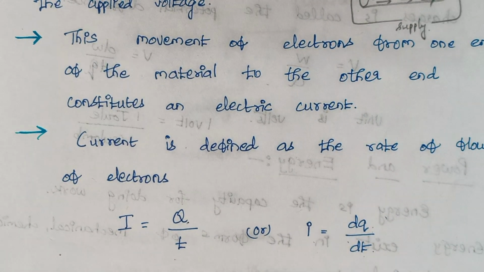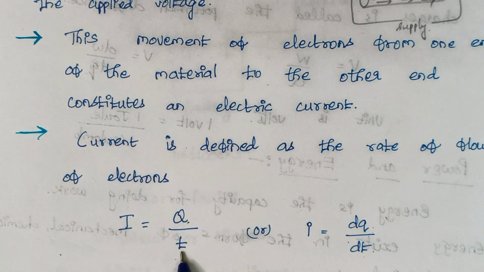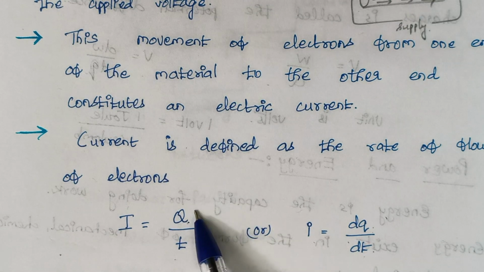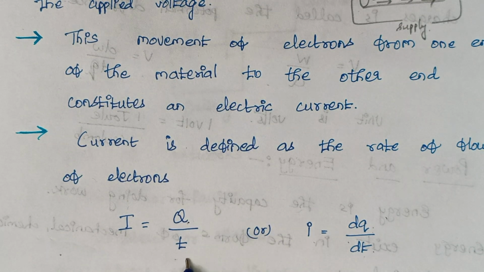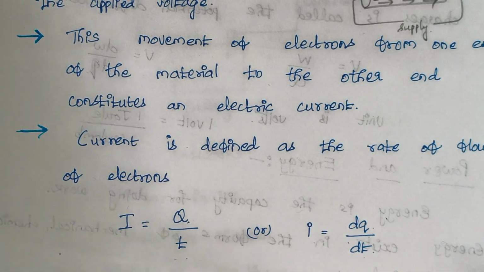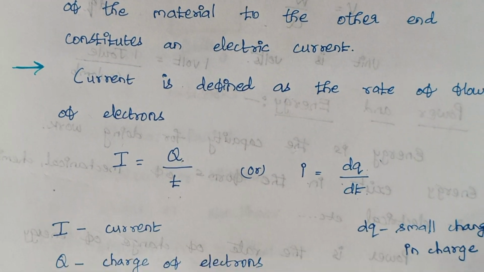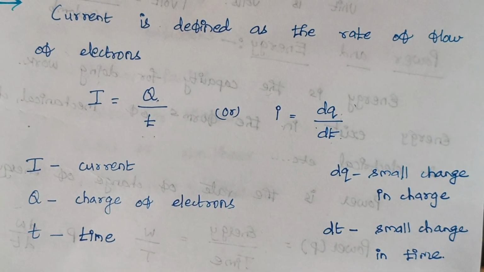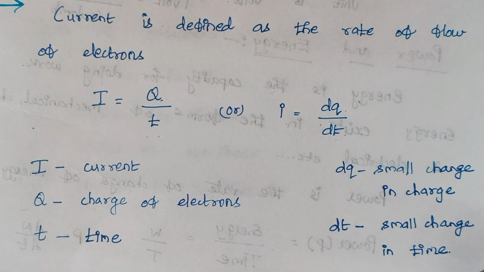So I is written as q by t, where q represents the charge of electrons and t is the time taken. Similarly, this same current I can be written as dq by dt. Here dq is nothing but a small change in the charge with respect to a small change in the time.